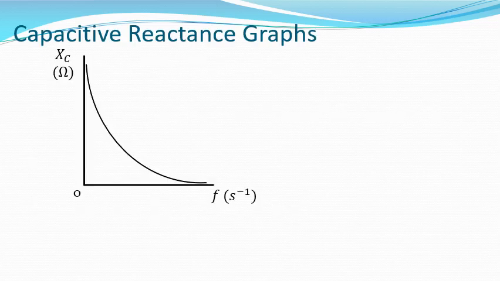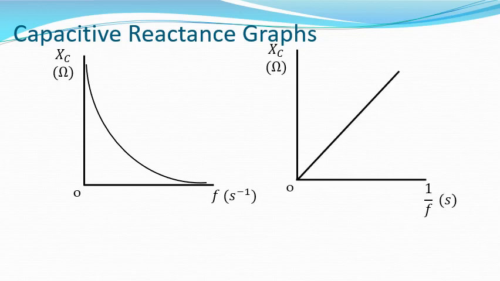So if we look at a graph of capacitive reactance against frequency, then we get this inverse relationship curve there. In physics, we always want to plot a graph with a straight line, and therefore we can plot a graph of capacitive reactance against 1 over frequency, and we'll get a straight line graph.